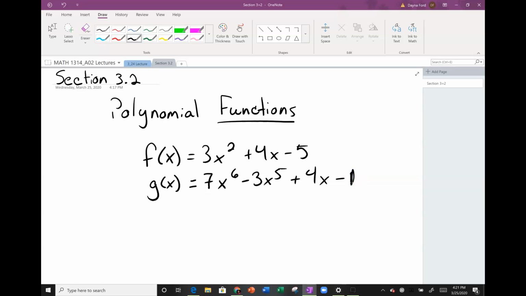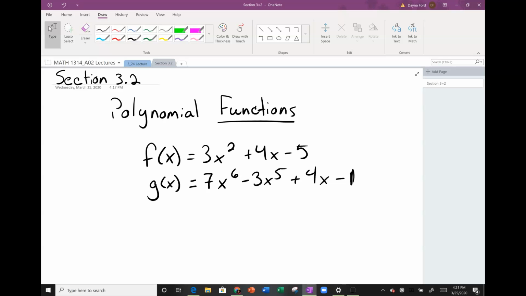Both of these are polynomial functions. I have an x value, and that x value has a positive exponent. So it can't be negative, anything like that. We're looking at those with a positive exponent.